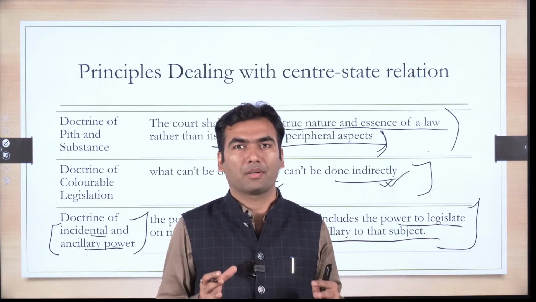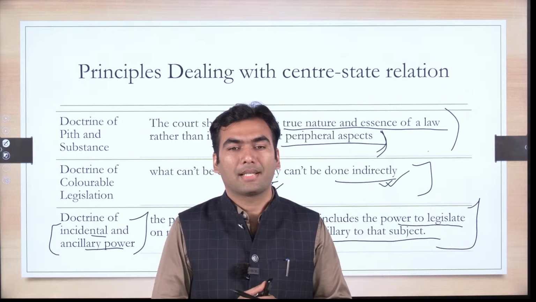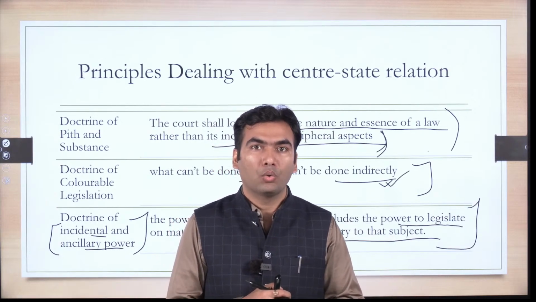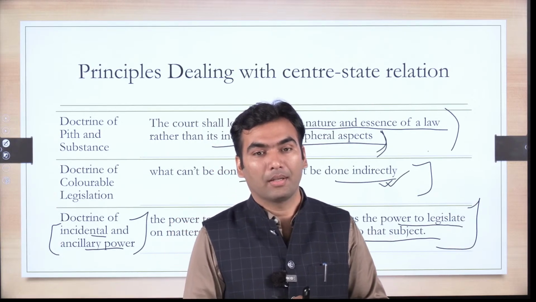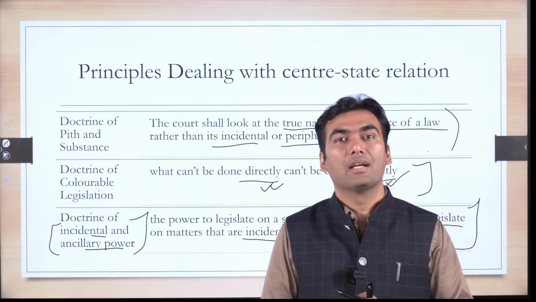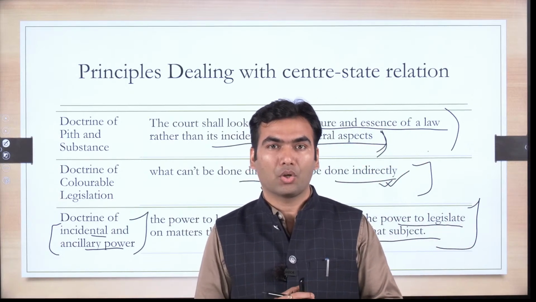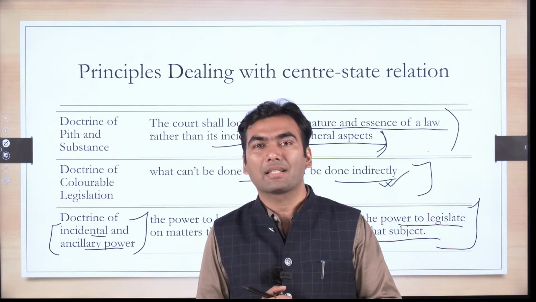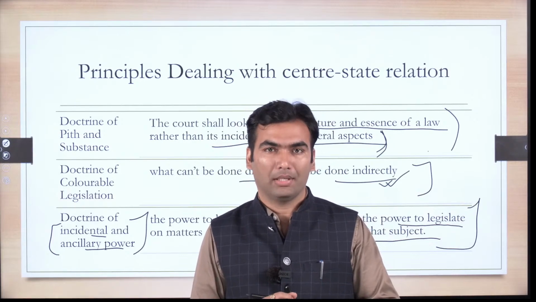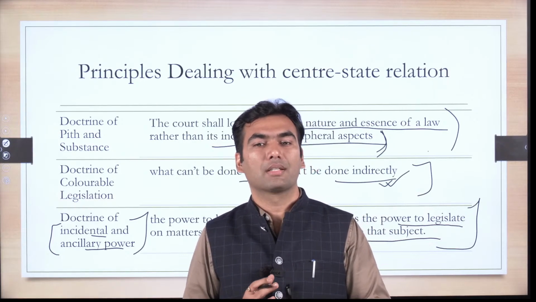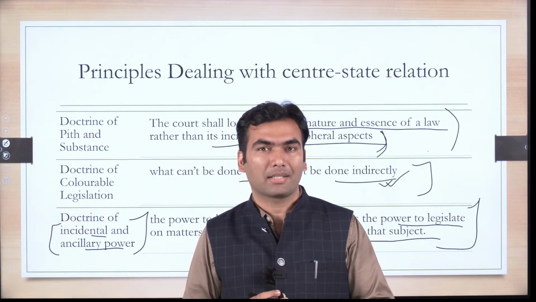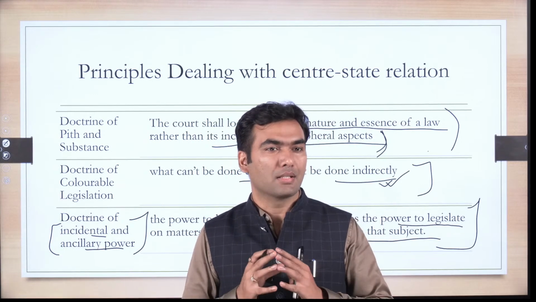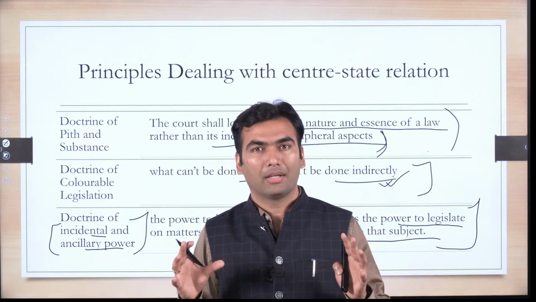This is another aspect which can be cited as an example of how, in the case of fiscal space, there is a central bias, because all the important matters of taxation are there in the union list. The state list has very few matters of taxation, and the concurrent list does not have any item of taxation.